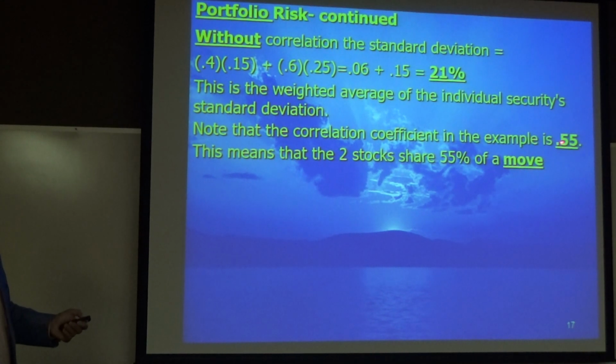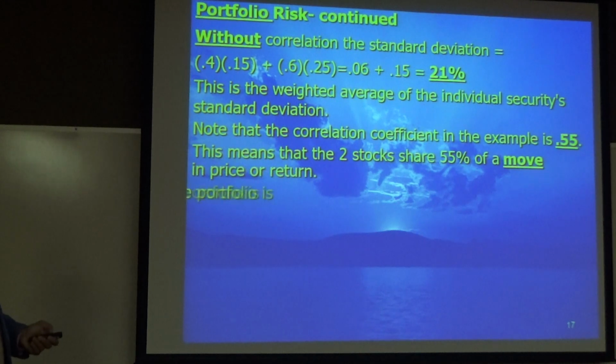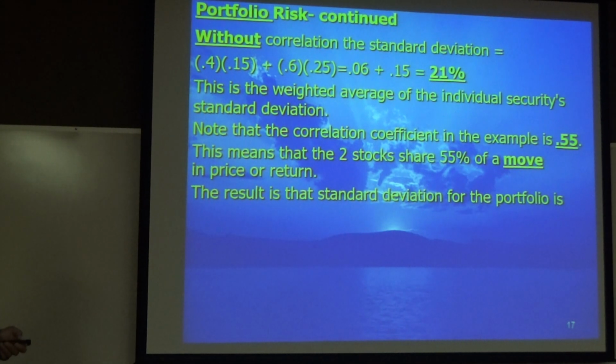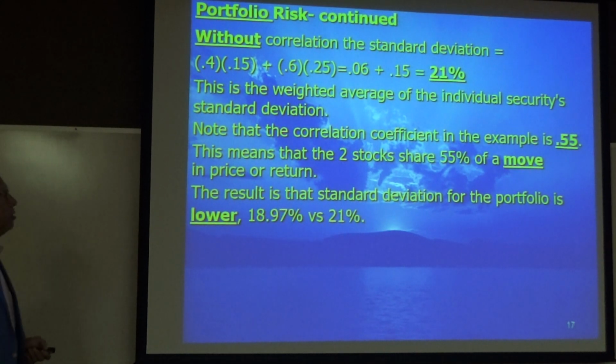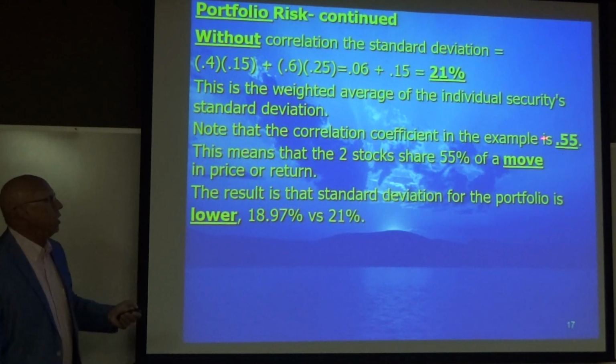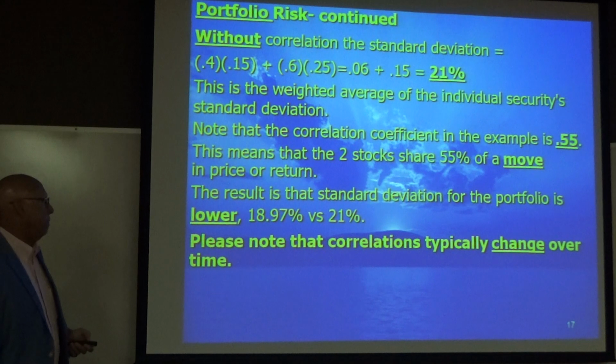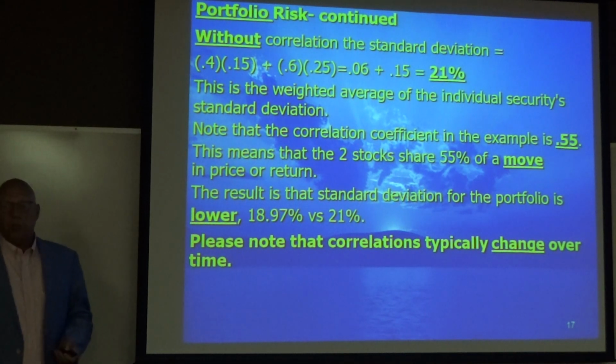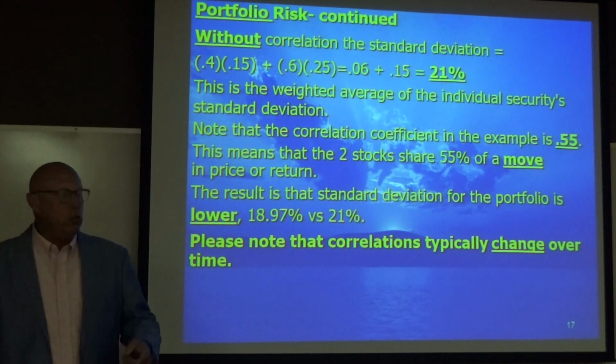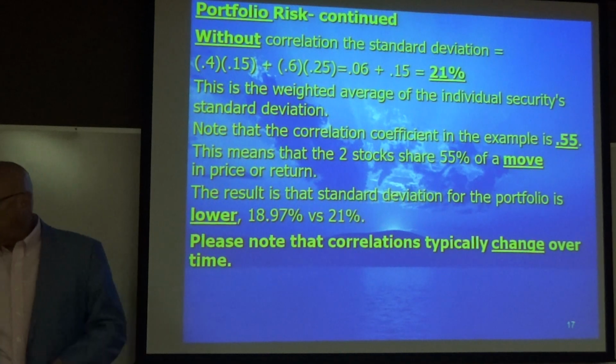If the correlation goes down, the expected standard deviation goes down. So the result is that the standard deviation of the portfolio, because the correlation is less than 1, is 19% versus 21%. And again, note that correlations do change over time.